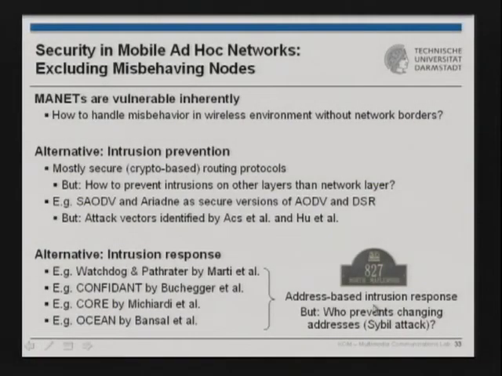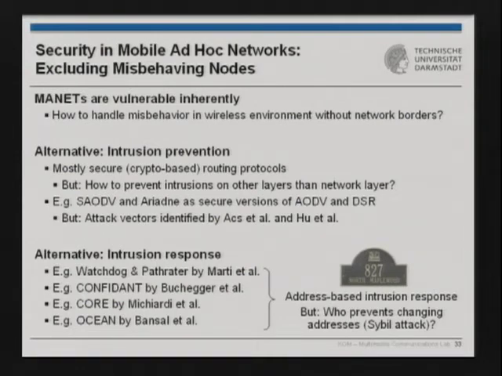Subsequent approaches like CONFIDANT and CORE try to overcome some drawbacks of watchdog and pathrater, but they are still based on this overhearing approach for intrusion detection. What they all do is use an address-based approach for intrusion response. So to exclude a misbehaving node from the network, they just say, okay, this is a bad address, do not send anything to this address or do not receive anything from this address.